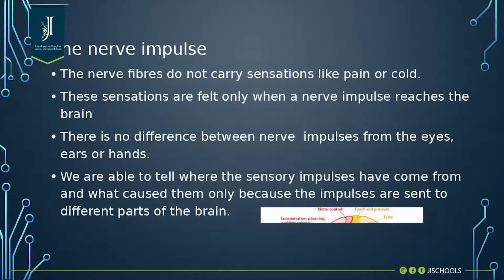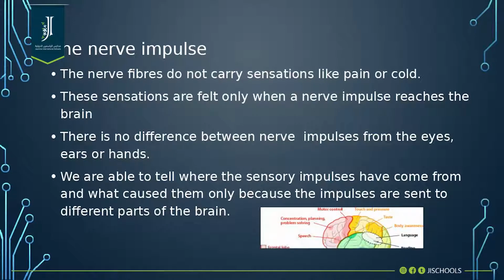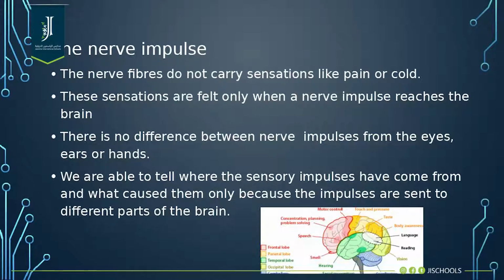Now, we are able to tell where the sensory impulse has come from and what caused it only because they go to different parts of the brain. Now, we mentioned that we can know that this is a taste, this is a touch, this is a vision, this is an eye that works in this way. Now, how do we know that, as long as the nerve impulse is the same?